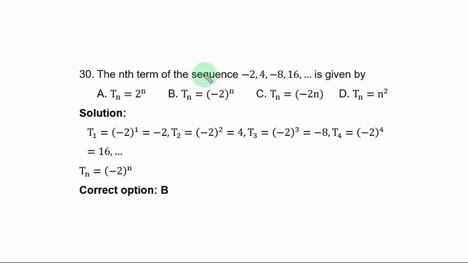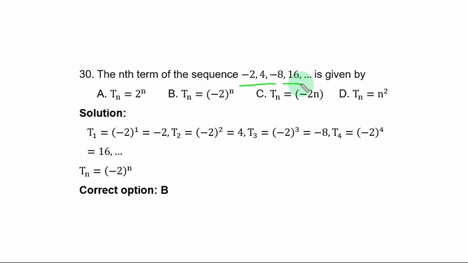Question 30. The nth term of the sequence -2, 4, -8, 16 is given by dash. Solution. If you look at the terms in the sequence, you can express all to base 2. No doubt. What of the minus?